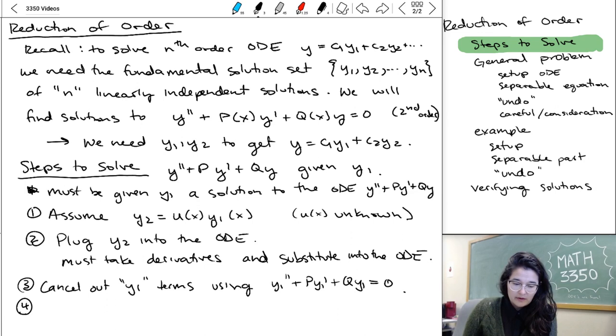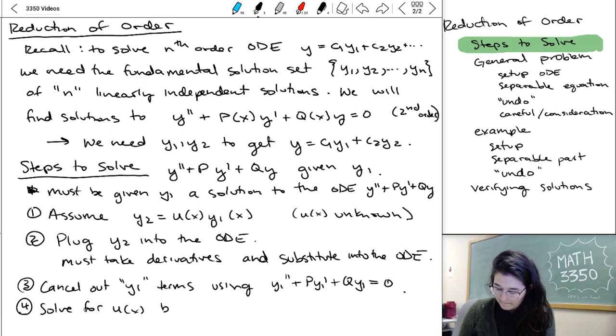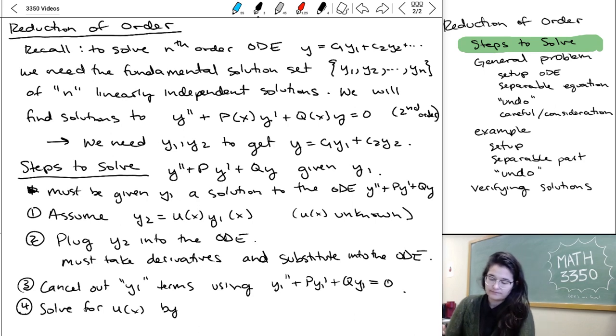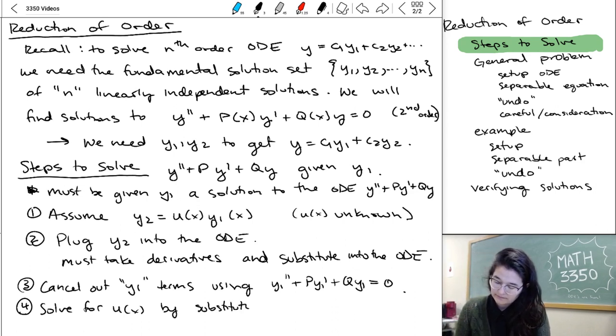So we'll be able to solve for u of x by substituting w equal to u prime.